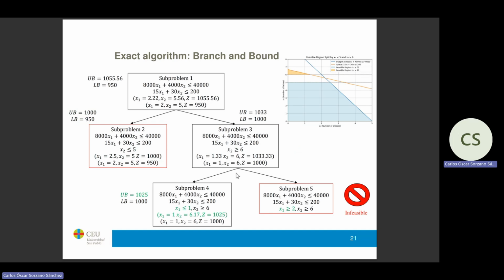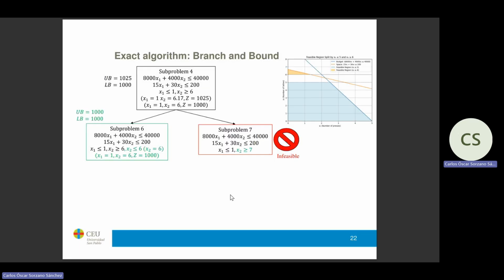And here, x2 was not an integer again. So now we have again two subproblems: one in which x2 is larger than 7, or smaller than 6. Again, x2 larger than 7 is not feasible because we were here, so there is no solution there.